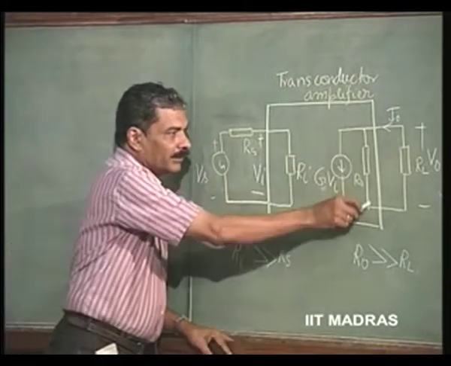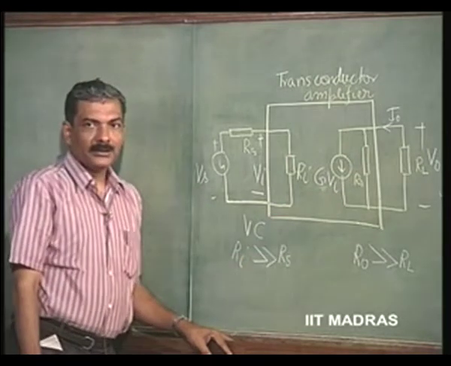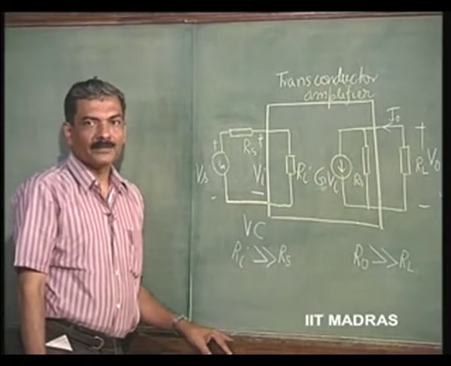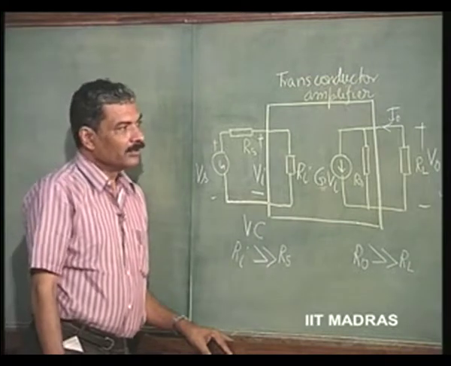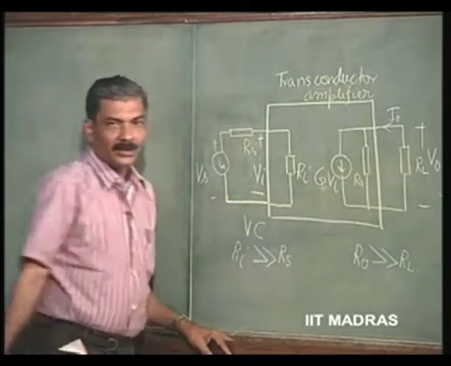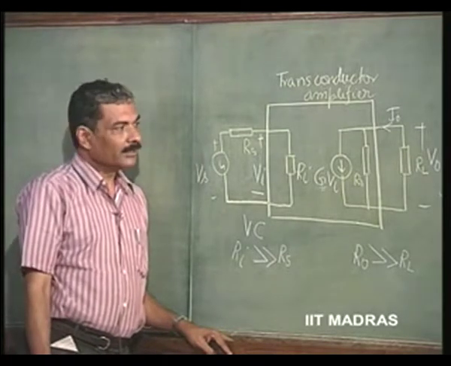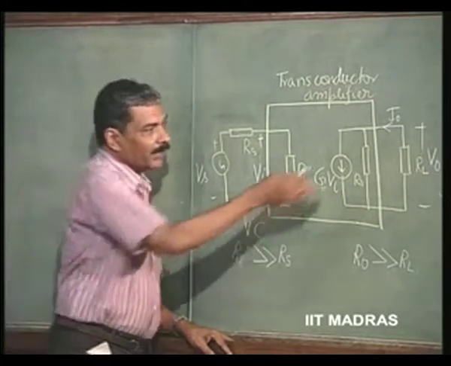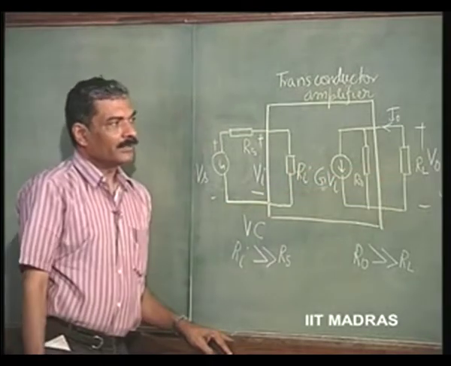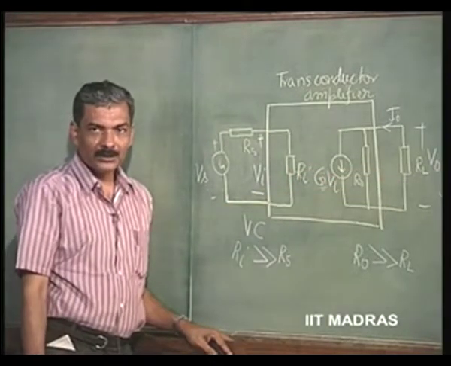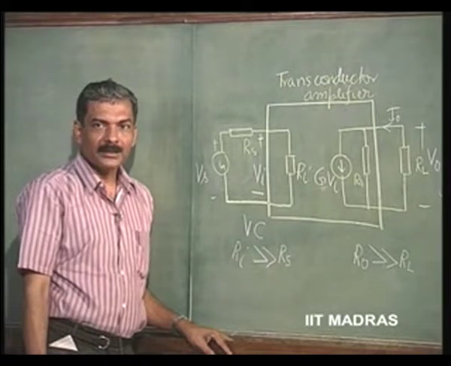The output resistance R naught is typically of the order of tens of kilo ohms, and therefore, for resistances of the order of hundreds of kilo ohms, it can be acting as a voltage source, but for resistances of the order of kilo ohms, it can still act as a current source.